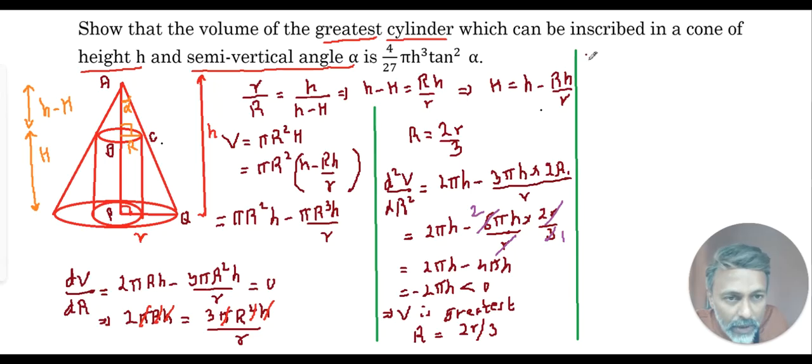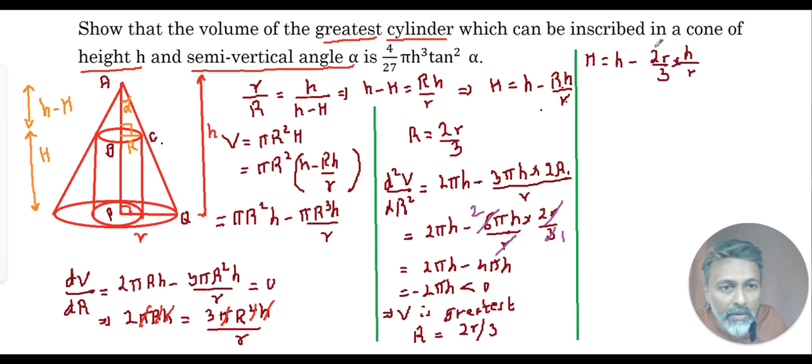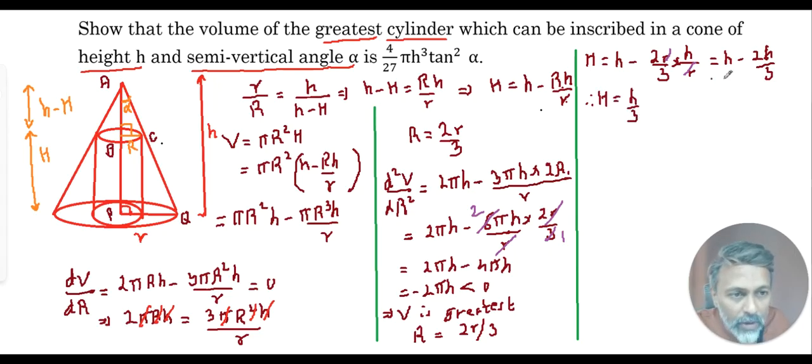So we get h is equal to H minus, this small r is 2R upon 3, into H by R. We cancel out R. It is equal to H minus 2H upon 3. Clearly, we have got the height of the cylinder as equal to H upon 3. When you take the LCM, you get H upon 3 as the height of the cylinder.